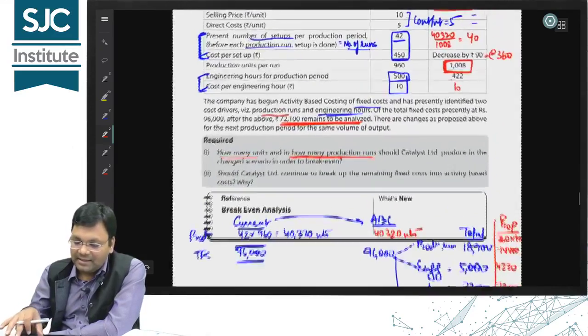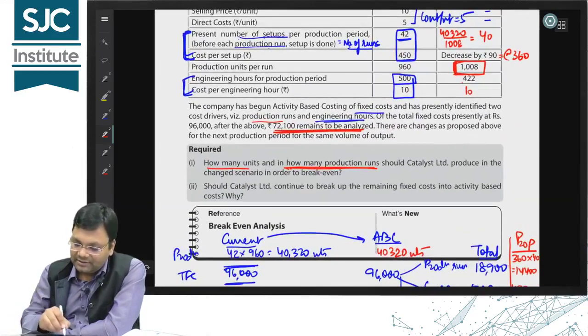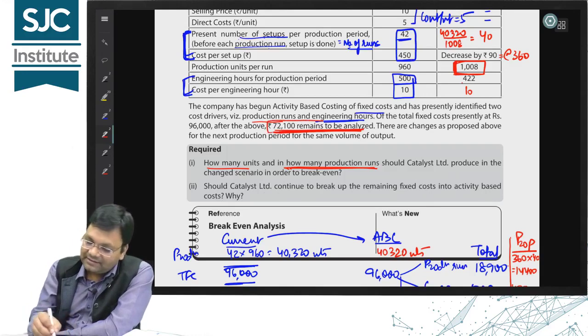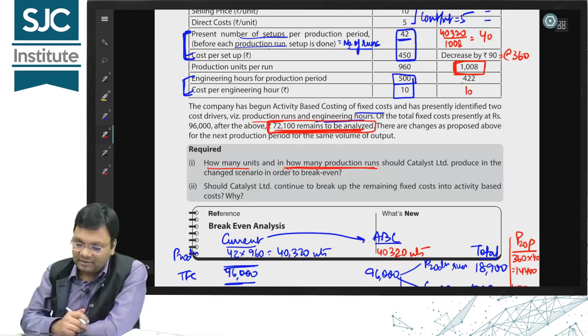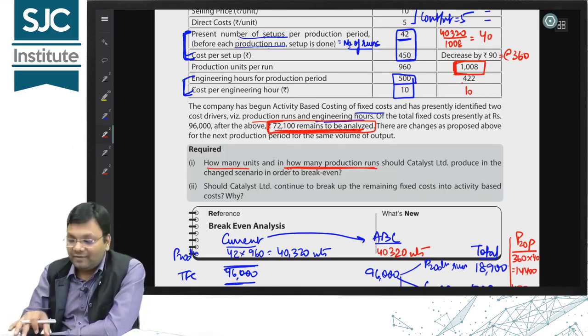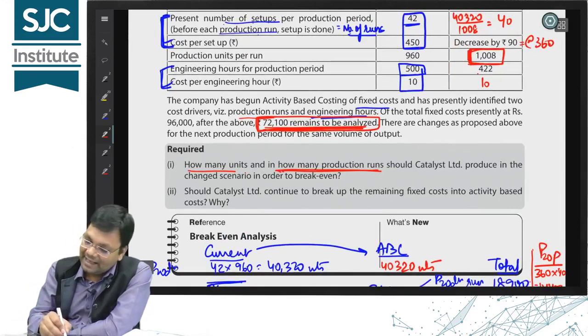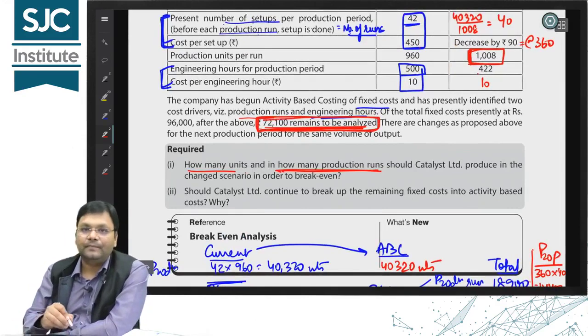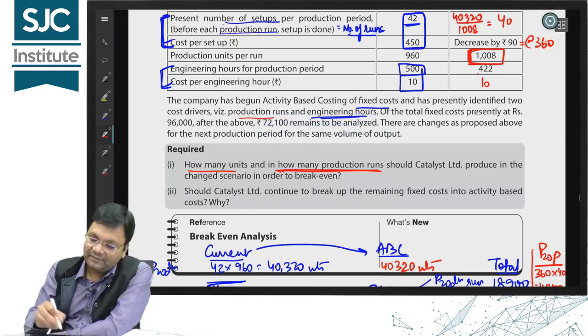First part is done, and second part is the question here: should Catalyst Limited continue to break up the remaining fixed cost into activity based cost? So they are asking whether this 72,100 be further broken into activity based cost. Answer is to be written and why. But here they have not said that this is having major part as depreciation. So how will you write the answer for this?